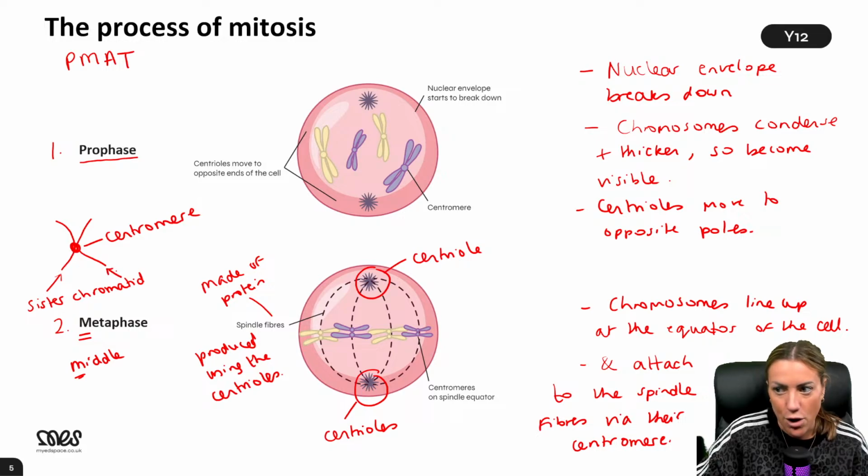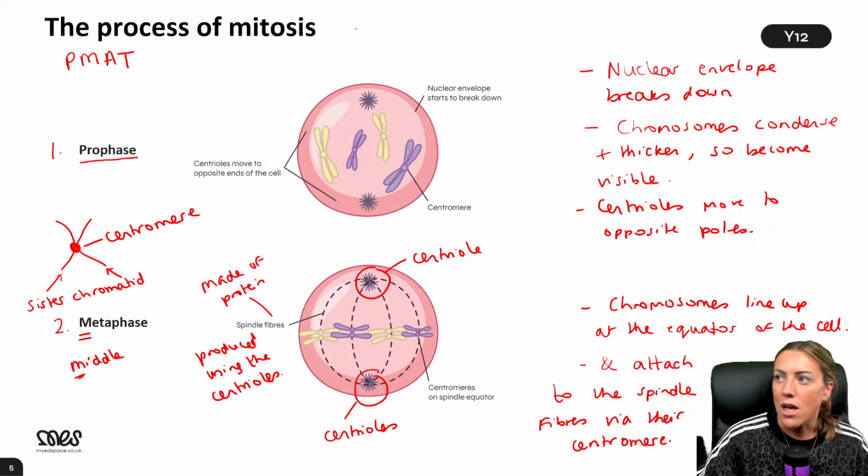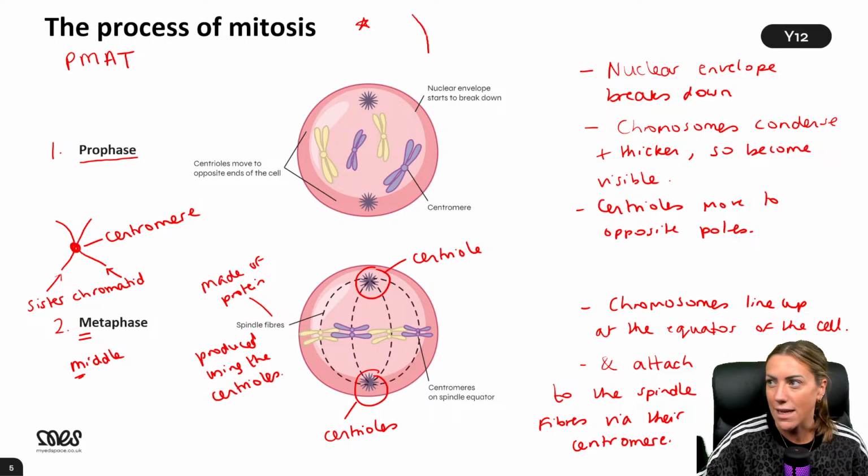These are called sister chromatids. I need to explain this, don't I? I need to explain it. So before, if you all look at my pen, it's at the top here. Before DNA replication, chromosomes are just single-stranded. Before DNA replication, they just look like this. Yeah, they're just single-stranded. You can't see them.